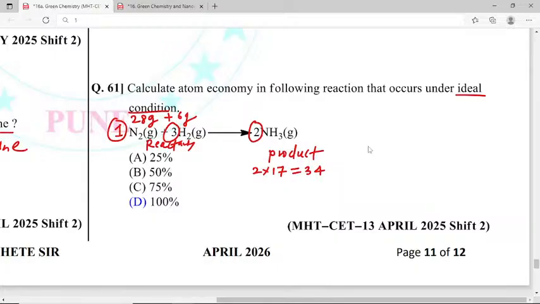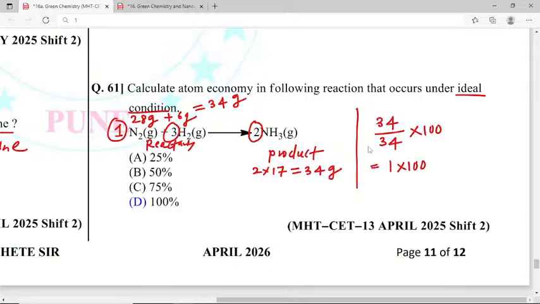And 28 plus 6 is again 34 gram. So product is 34, reactant is 34, multiplied by 100. 34 by 34 is 1, into 100, so we get the answer as 100%.